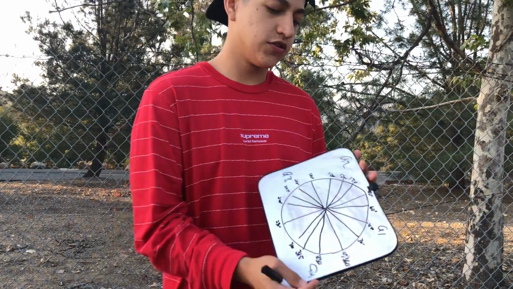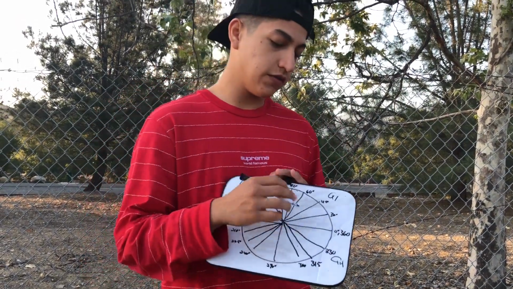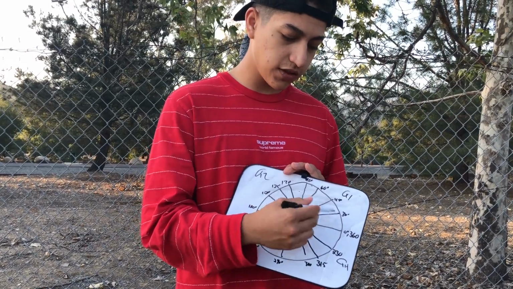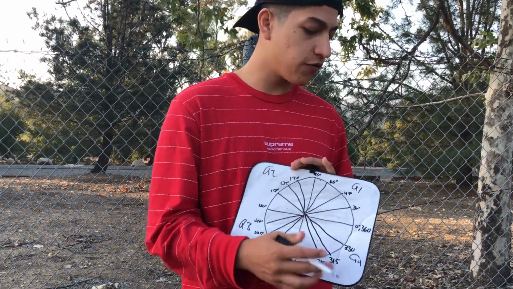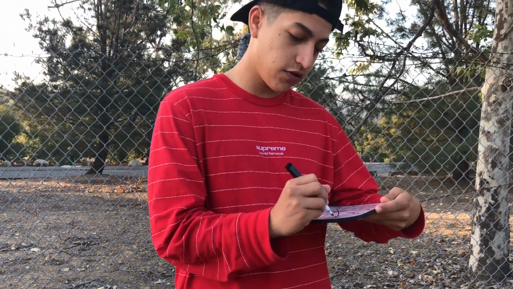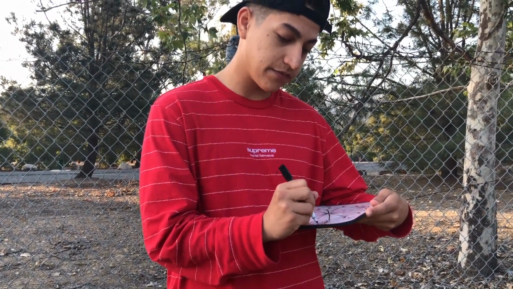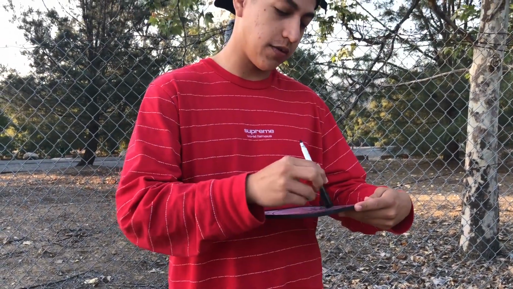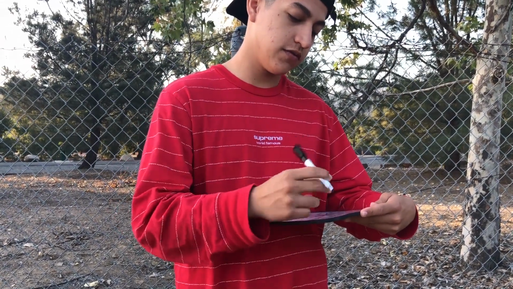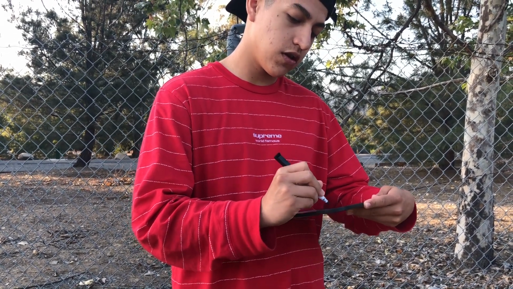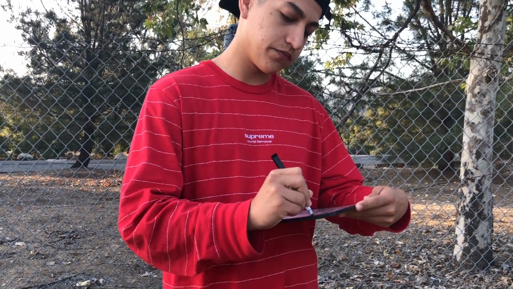Okay, so to find out all the coordinates, you really only need this quadrant right here. So for the 30 degrees, the coordinates are going to be rad 3/2 and 1/2. 45 degrees is going to be rad 2/2 and rad 2/2.